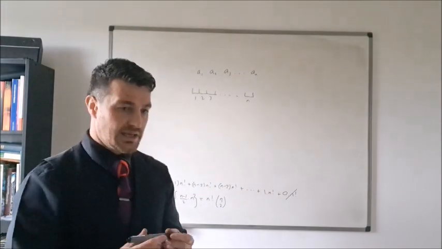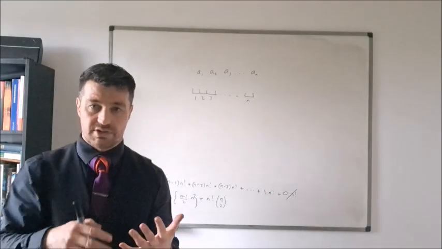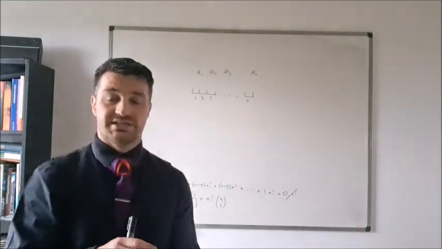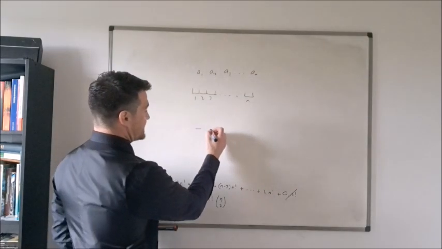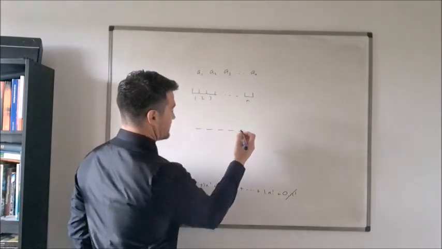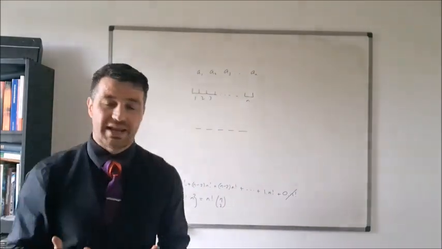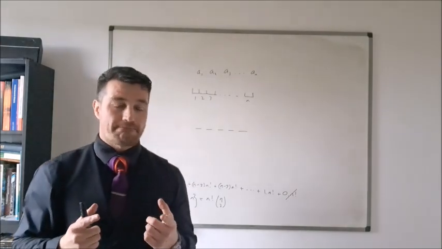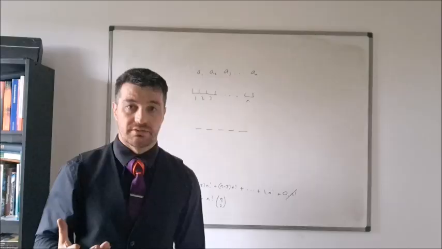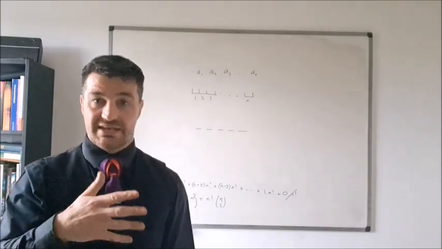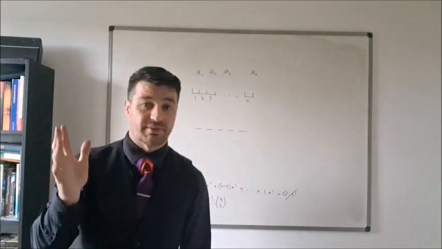Let's say we've got the digits 0 to 9. 0, 1, 2, 3, 4, 5, 6, 7, 8, 9. And I've got 5 spaces. And I'm thinking, how many 5-digit numbers can I form with 10 digits? Or however many digits, okay?